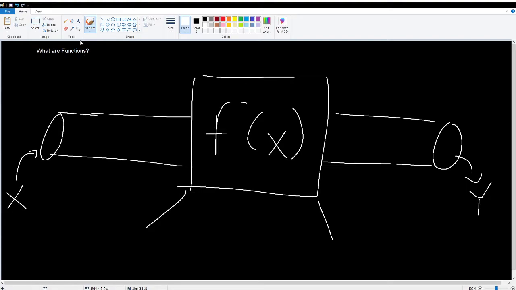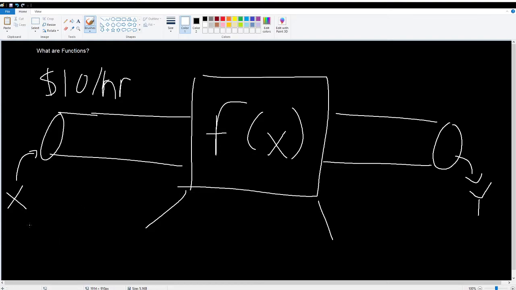Some examples of function could be working. For example, let's just say you work for $10 an hour, and you go to work and you think about what is your input? Well, what am I inputting into this work, or what am I giving in? It's your time. You're putting in hours of work.